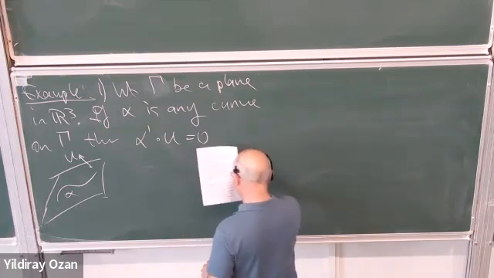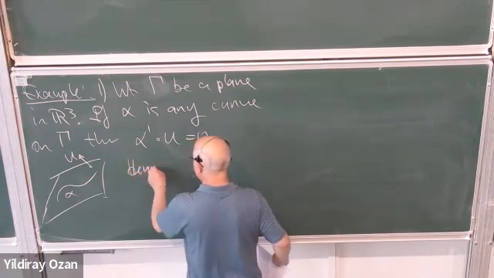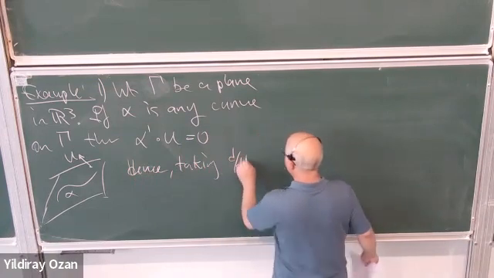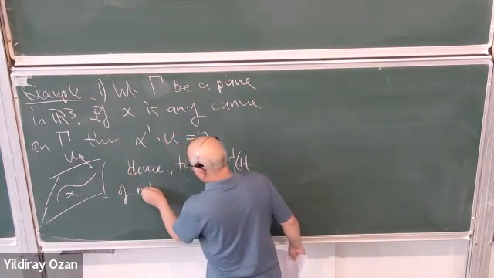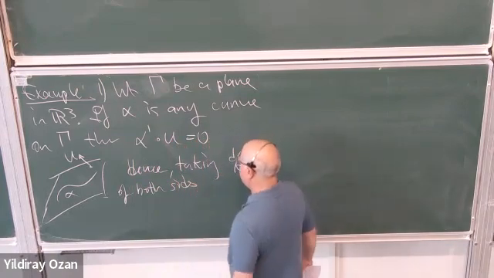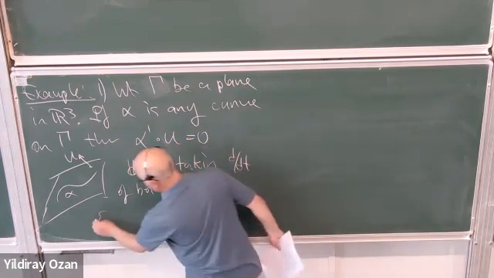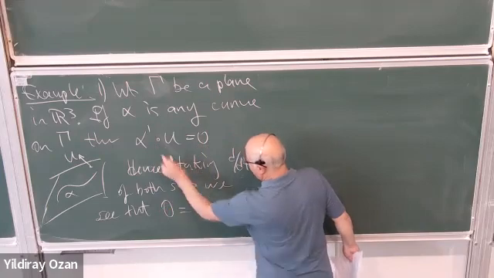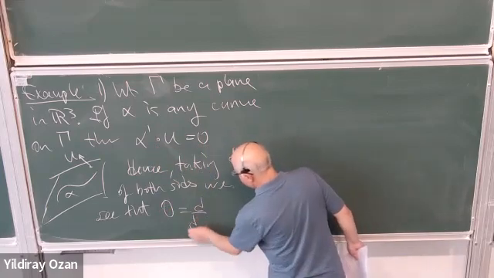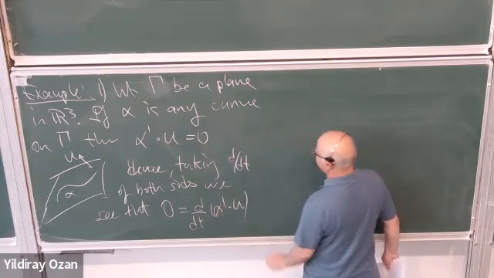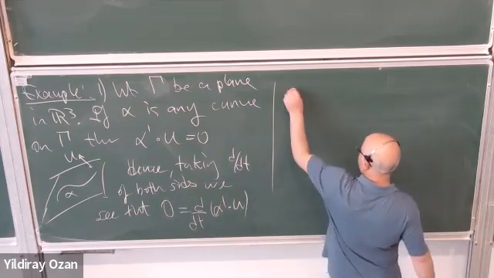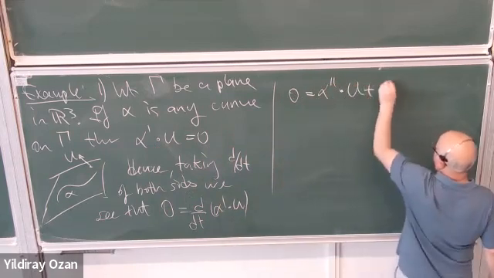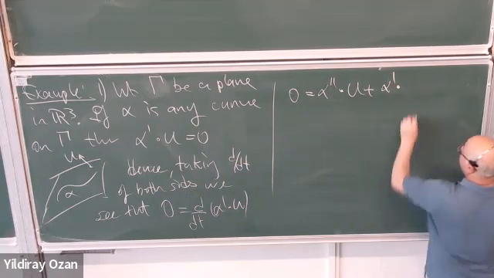If you take derivative, hence taking derivative of both sides, we see that derivative of 0 is 0, but derivative of this is what? 0 is equal to derivative of the first term dot u plus alpha prime dot derivative of u.